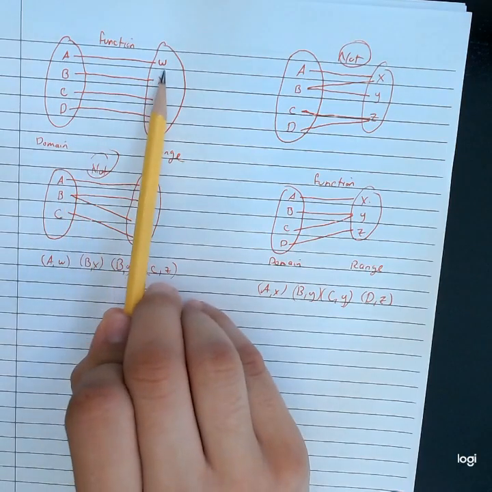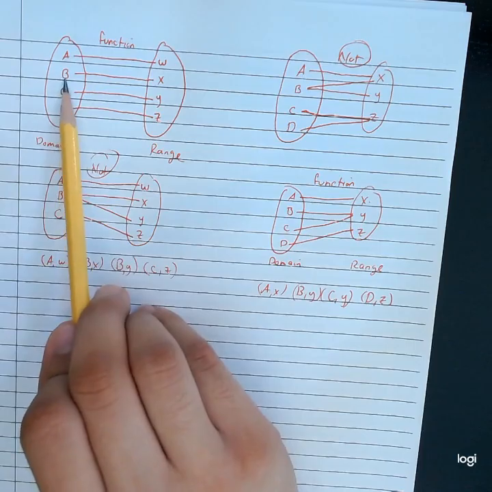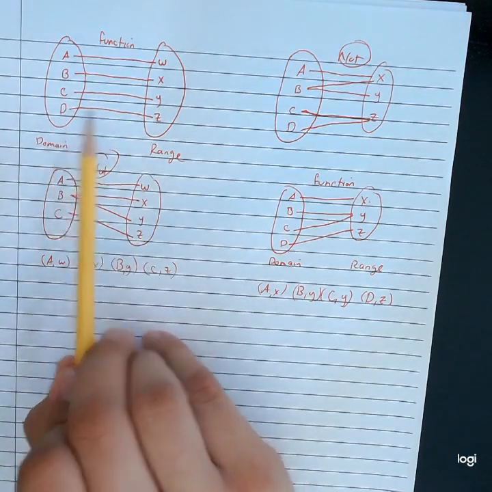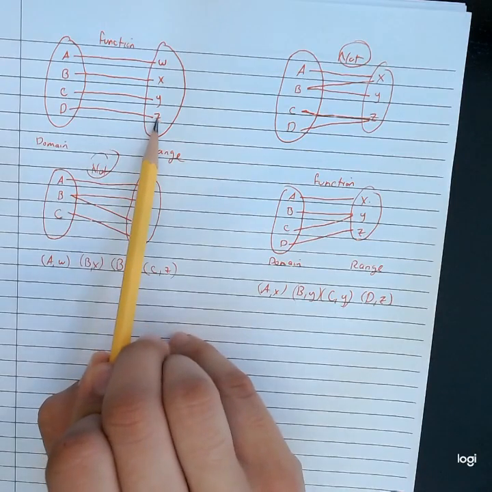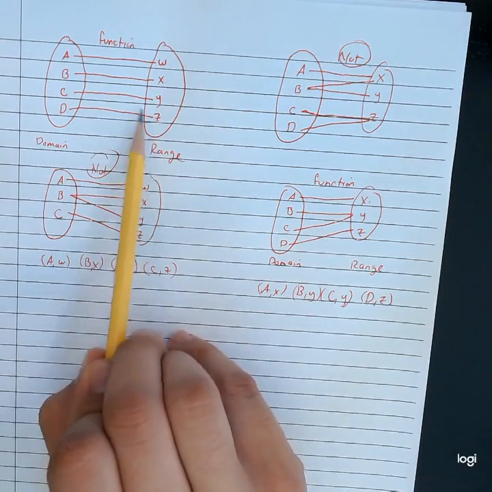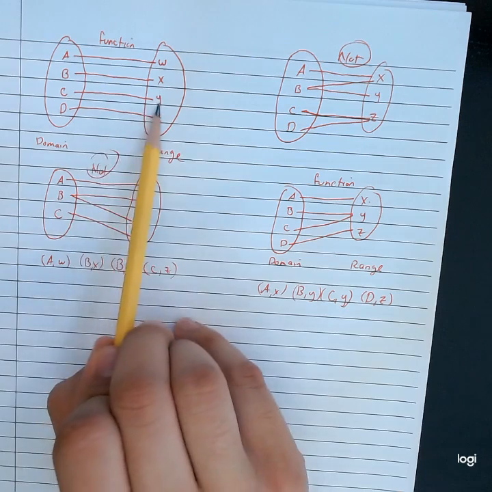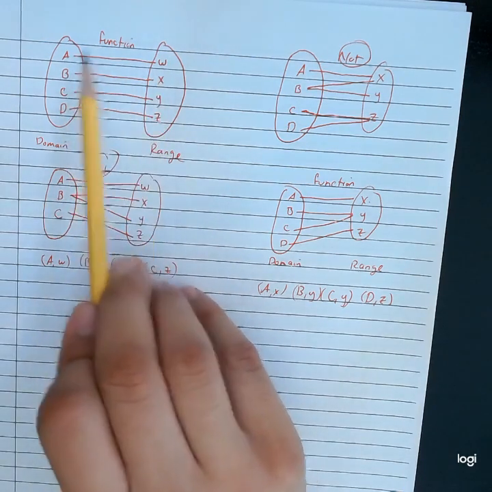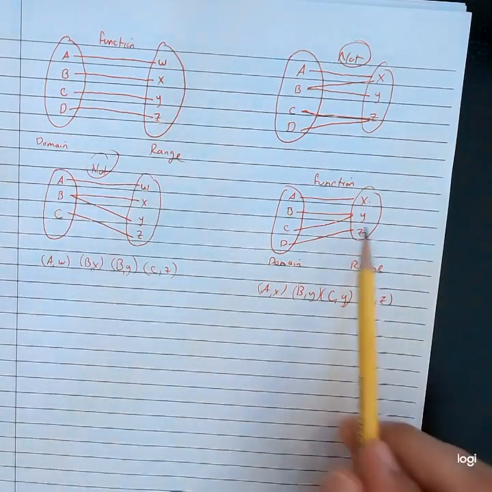Well, it's W. If my first entry is B, my second entry is X. C pairs with Y, and D pairs with Z. But if I ask you to go backwards, you could do that as well. If I start with Z from my range, what did that tie to in the domain? Well, that was D. If you start with Y, that pairs with C, X pairs with B, and W pairs with A.